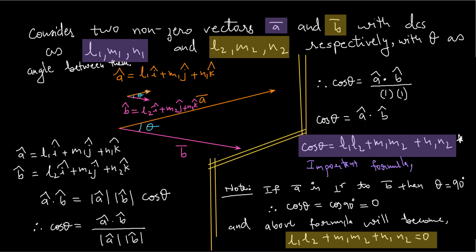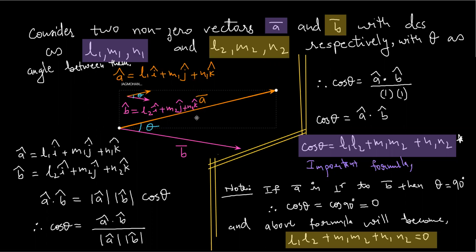If I multiply 2, it becomes 2A cap. If I multiply 3, it becomes 3A cap, then 4A cap, 5A cap, 6A cap, 7A cap, 8A cap, and this becomes equal to A bar.